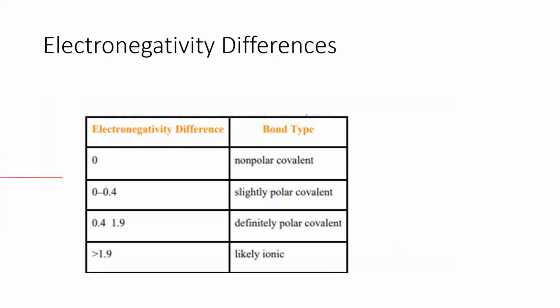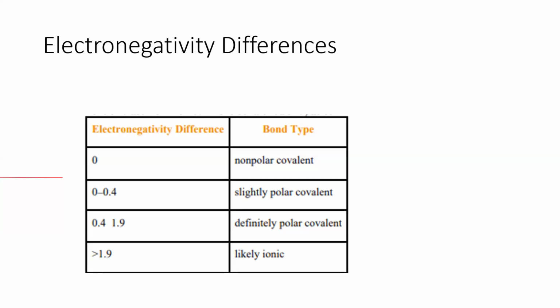And quotient means the result of division. So when this is a difference, you take this element's electronegativity and that element's electronegativity, and then you subtract, find the difference. And once you get the difference, it will tell you whether it is non-polar covalent, slightly polar covalent, definitely polar covalent, or likely ionic.